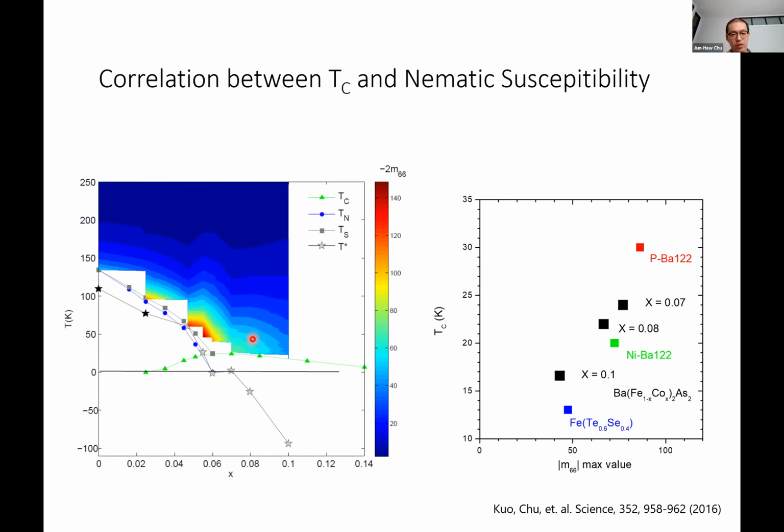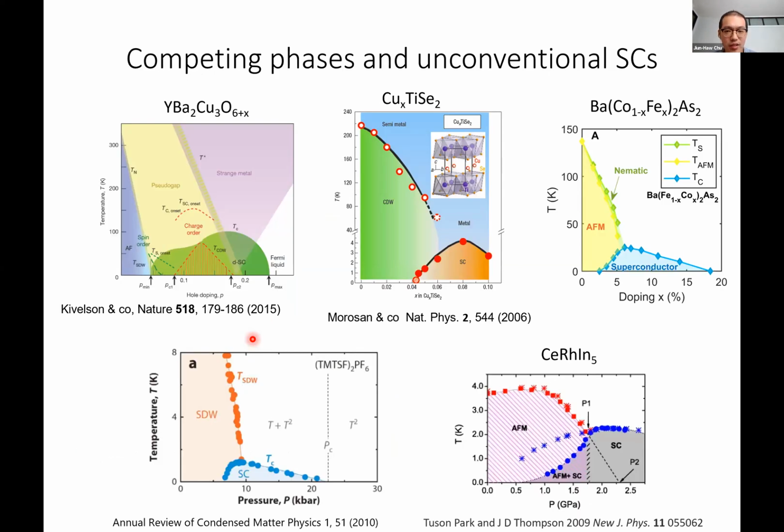Okay, right. So at least there are some interesting measurements on the nematic susceptibility, which indicate there could be some correlation between the superconducting TC and the nematic fluctuation, and we want to directly test that.